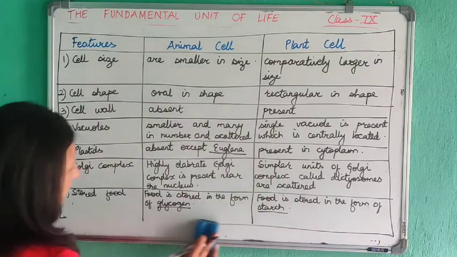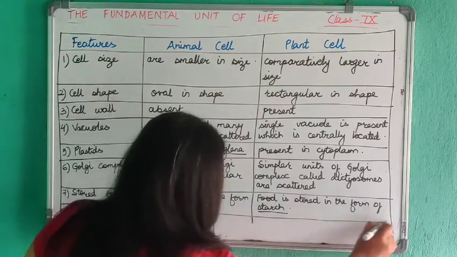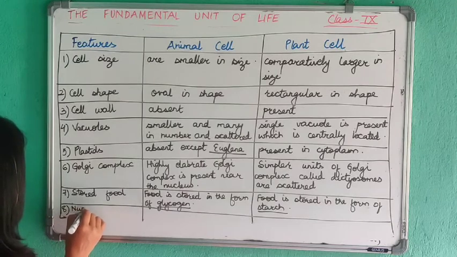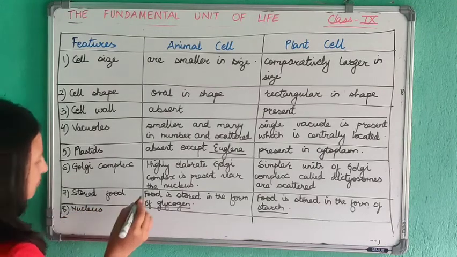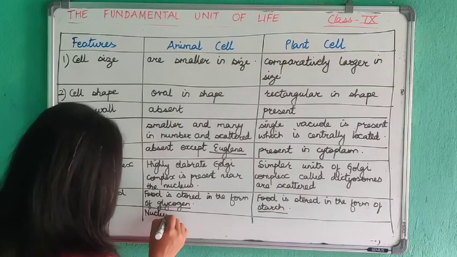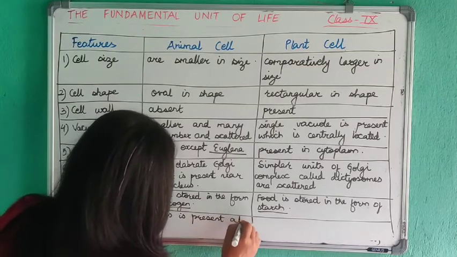Last, the eighth difference is in terms of nucleus. In animal cell, the nucleus is present at the center.